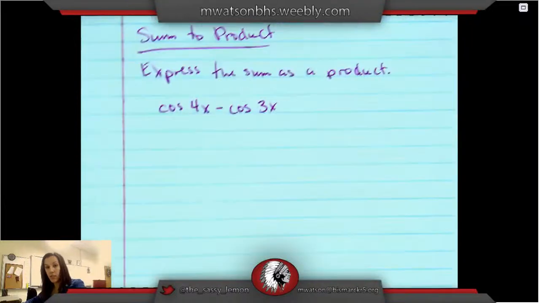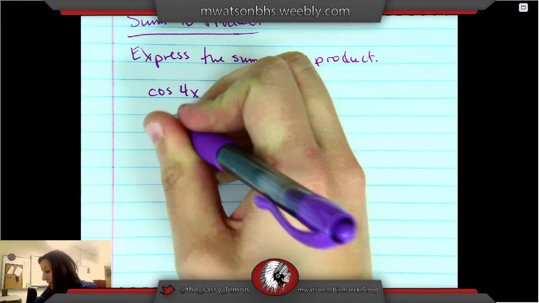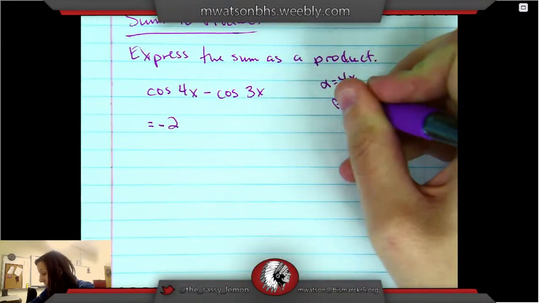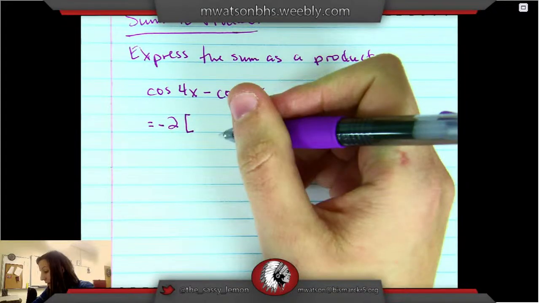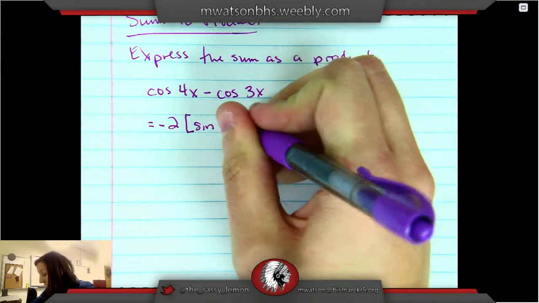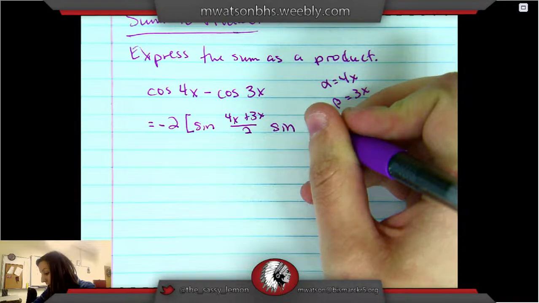So go back over here, and I'm going to say, okay, this is equal to -2. Oh, I need to identify my alpha and beta off to the side. Some of you, that's going to be very helpful. So -2 times sine of 4x plus 3x all over 2 times sine of 4x minus 3x all over 2.